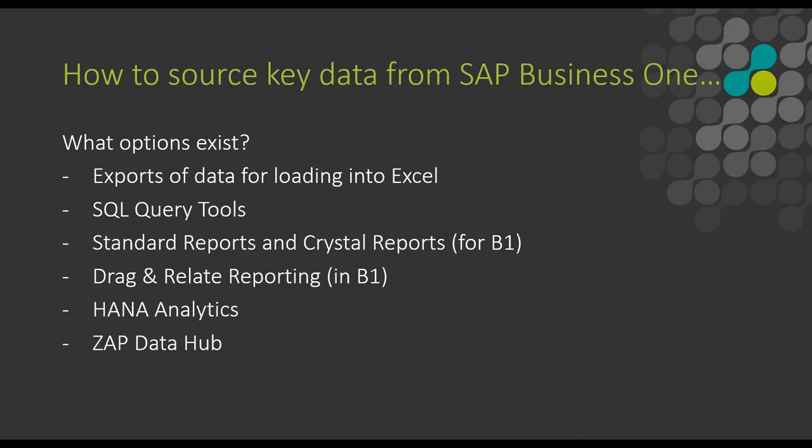SAP Analytics Cloud is one of those tools, as is the Dragon Relate reporting. And then Zap Data Hub, which we'll talk about a little bit towards the end. We're trying to keep this highly educational, but in our software spotlight towards the end of this session we will help you understand a little bit more about Zap Data Hub as a product.